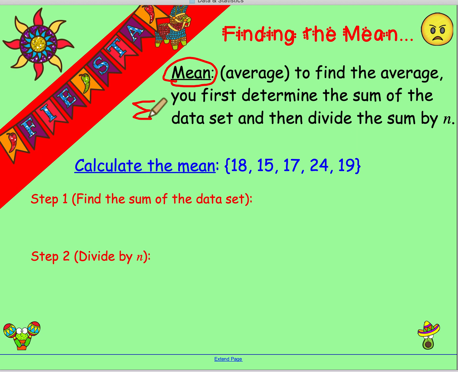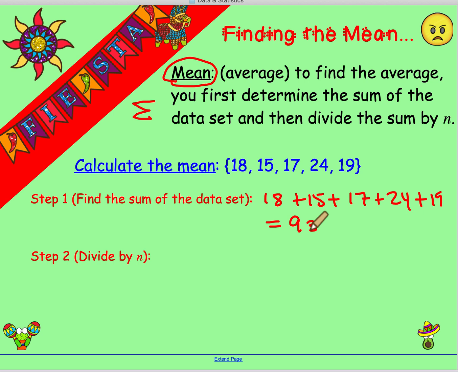Okay, so if we're going to calculate the mean of this data set, the first thing we're going to do is find the sum of the data. So you would do this with a calculator. I would advise you always use a calculator when you're doing statistics. So you would go ahead and, in your calculator, add 18 plus 15 plus 17 plus 24, and you should get 93.